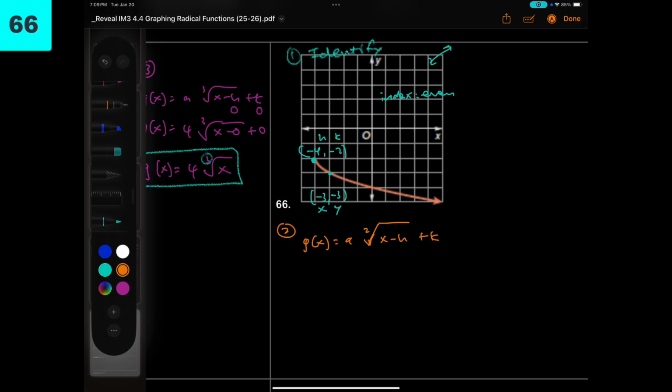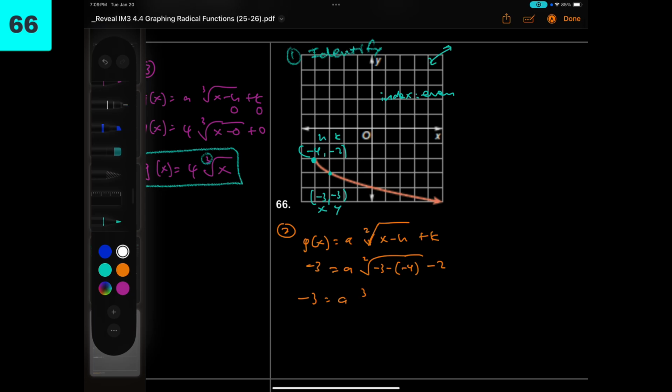Okay, let's put in our information here. So g of x for my y is -3. My x value is -3. My h value is -4. And then my k value is -2.